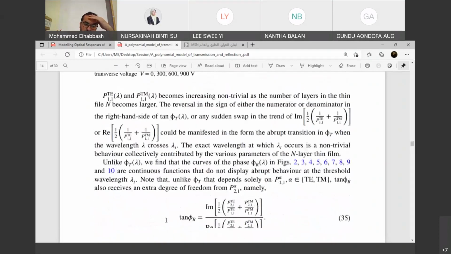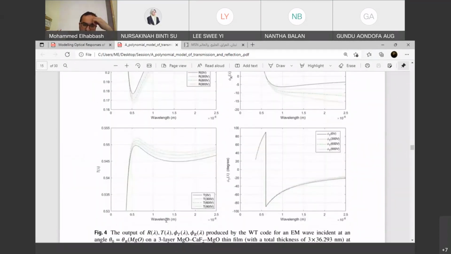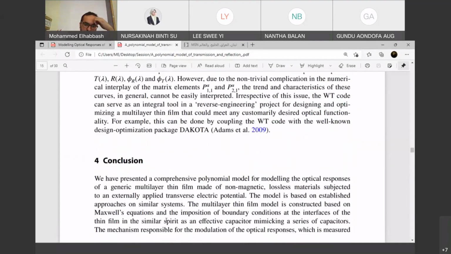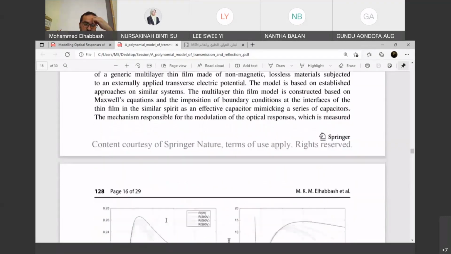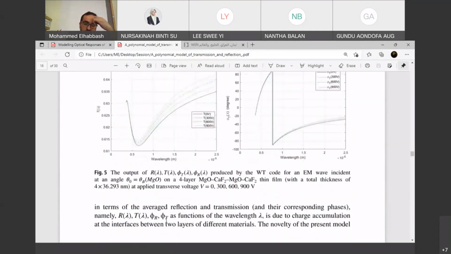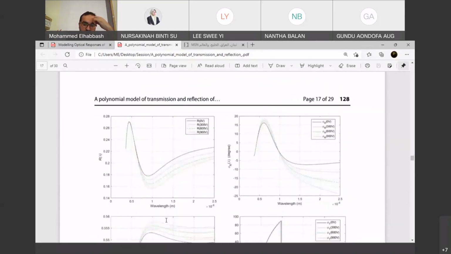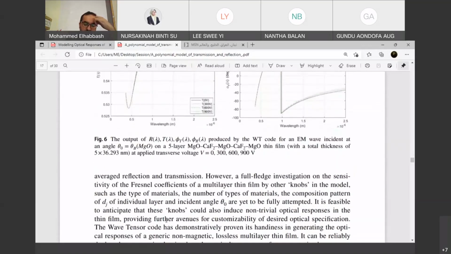Also we have here 3 layers. The same thing for 3 layers, 4 layers, and also for 5 layers. We have many figures here. This is for 4 layers, and this is for 5 layers. If you notice, there is a difference between even and odd numbers of layers.